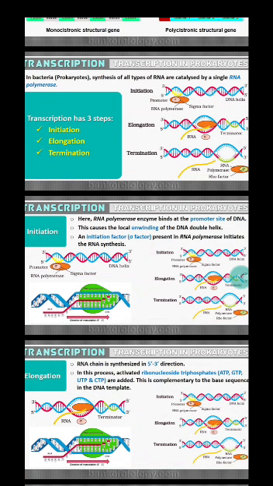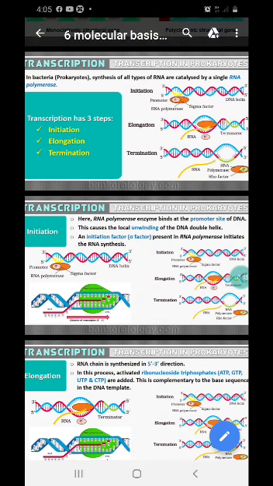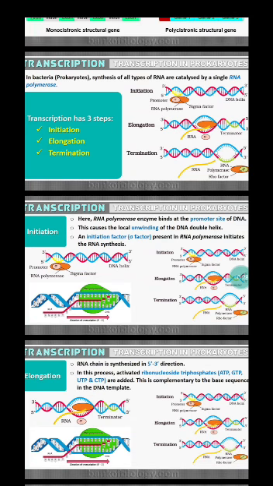Okay, and when termination comes, when the polymerase reaches the terminator region, there is another factor which binds to it, which is the Rho factor or termination factor, and the process of RNA synthesis stops. Okay, right. So in 3 steps, you can explain initiation, elongation, and termination. Clear?